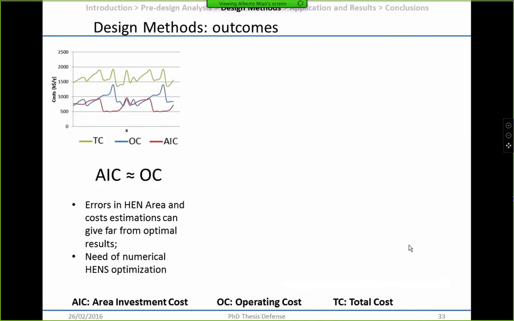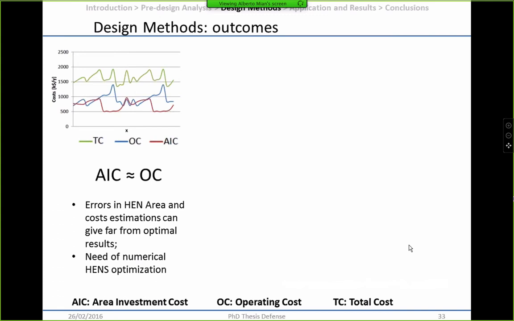Finally, concluding this design approach phase, I noticed that there are three classes of problems that we can tackle. The first one is a problem in which we are minimizing the total cost of the plant, and the total cost is the sum of the operating plus the investment cost linked to the area of the heat exchange.